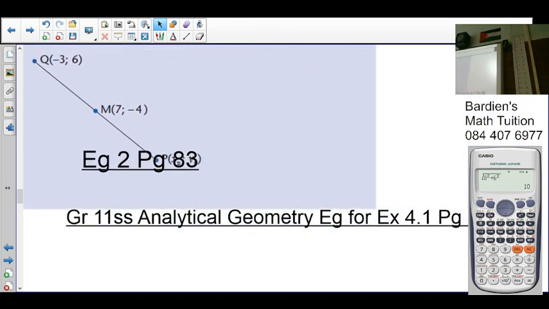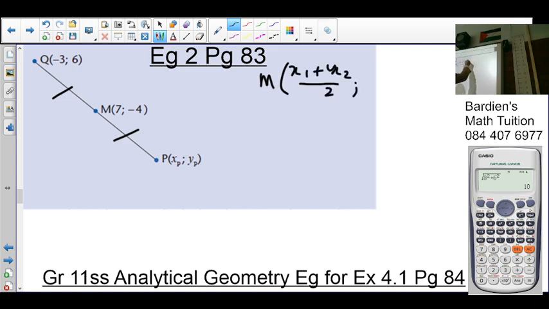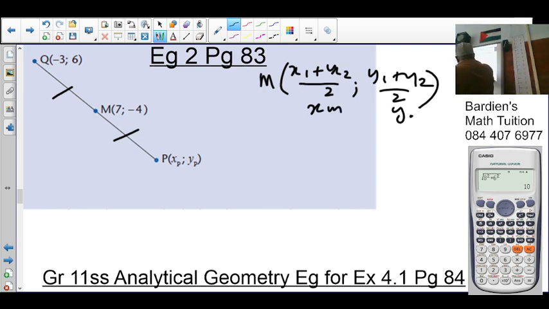So looking at this, where do we start? Because this is the midpoint, we're going to start with the midpoint formula. What is the midpoint formula? (x1 plus x2) over 2, (y1 plus y2) over 2. This will give us the x coordinate of the midpoint, and this here will give us the y coordinate of the midpoint.